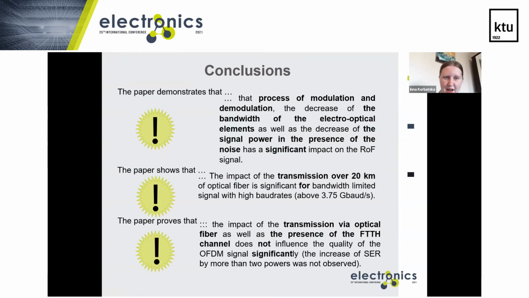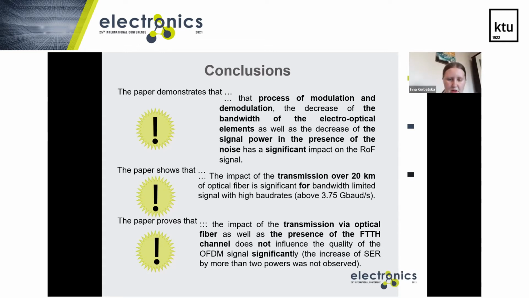Summing up, we have demonstrated that the main impact factors are the process of modulation, the bandwidth, and the signal power in the presence of noise, which actually means signal-to-noise ratio. Transmission over fiber also has some impact, but it is not so significant and is crucial for higher baud rates.